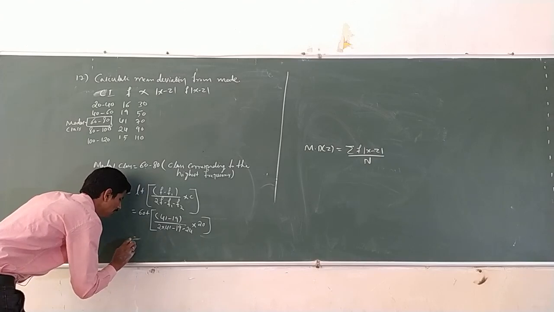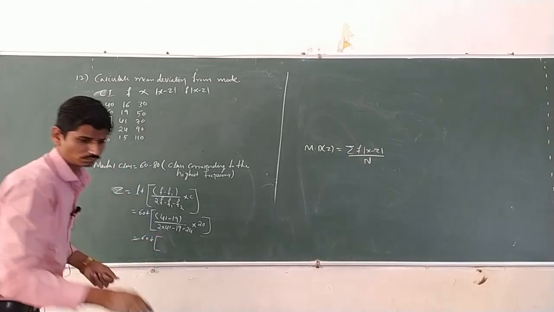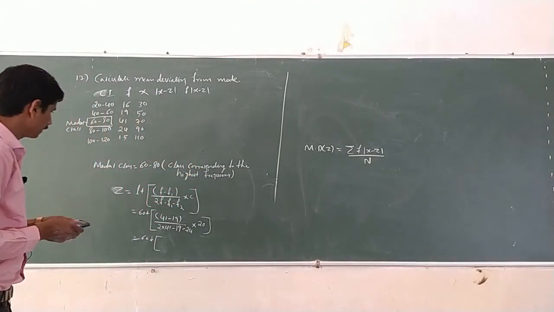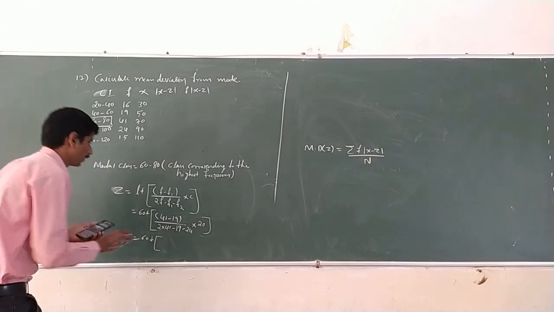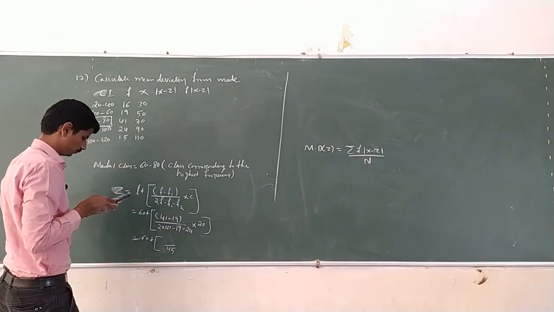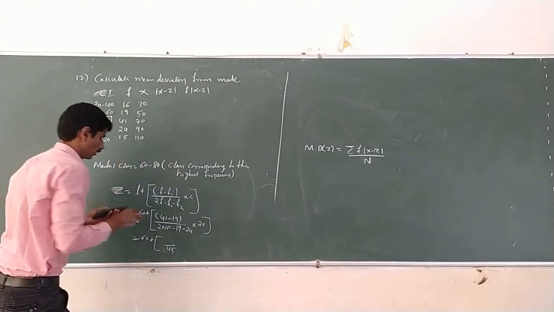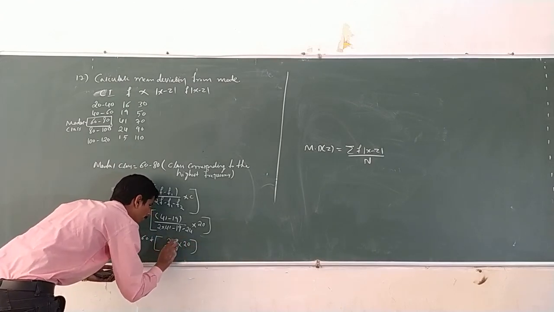Here 60 plus, 41 minus 19, that is 22, over 2 into 41 minus 19 minus 24, that is 45, into 20.